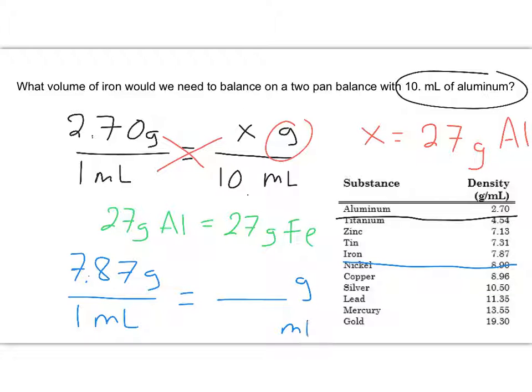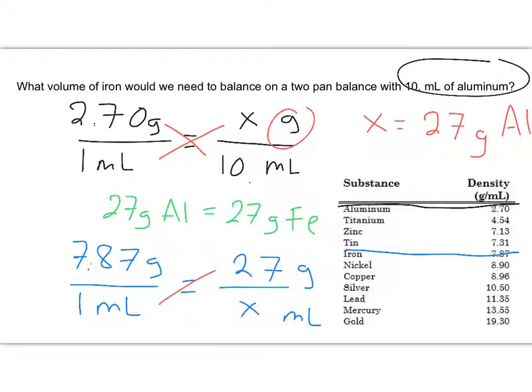And we know we have 27 grams of iron from the beginning. We just need to figure out how many milliliters that is. So we cross multiply again. So 27 times 1 is 27, which is equal to 7.87 times x.